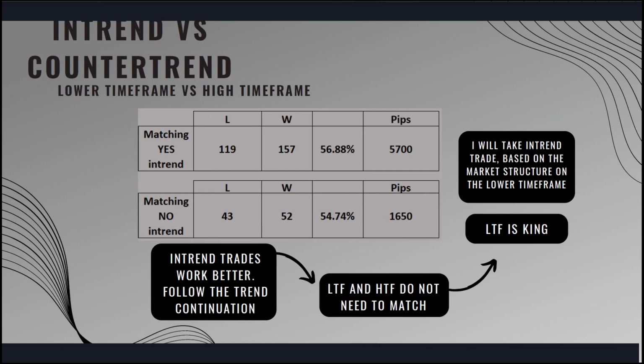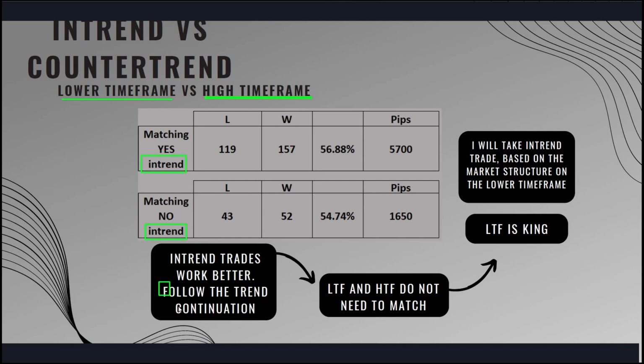And we're going to see the in-trend versus counter-trend. As you can see, basically matching if I had to look for the lower time frame or the higher time frame trend. So it doesn't really matter if it's matching or not, as long as it is in trend. Most of the trades that I took were in trend because the in-trend trades work better.